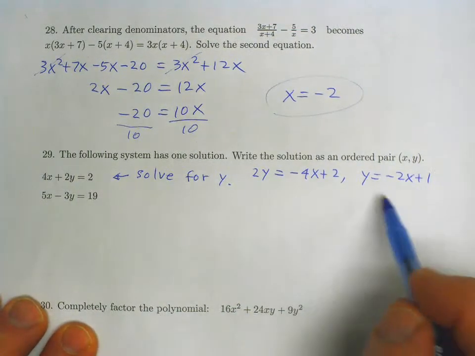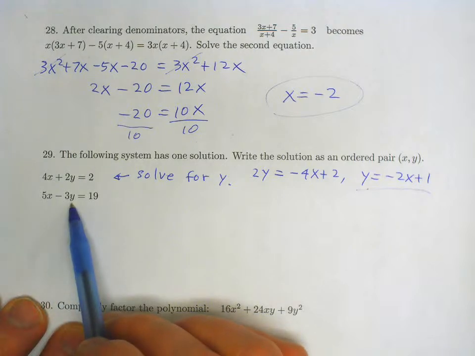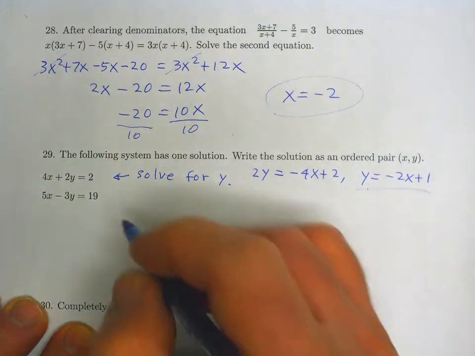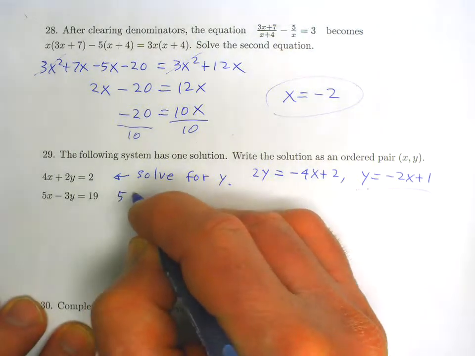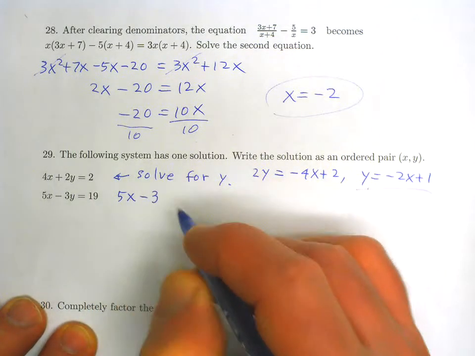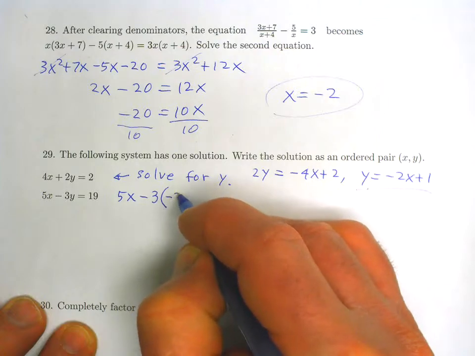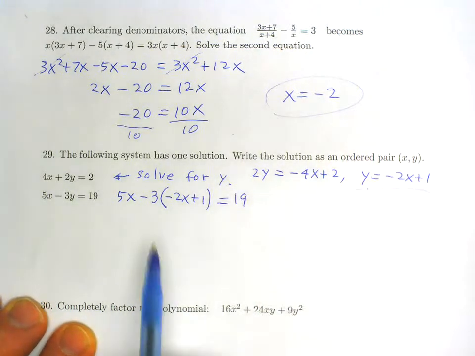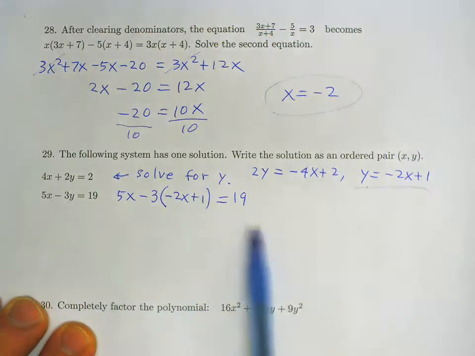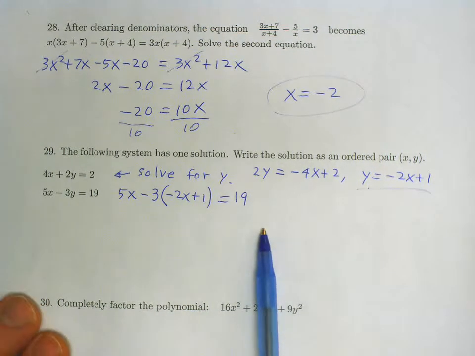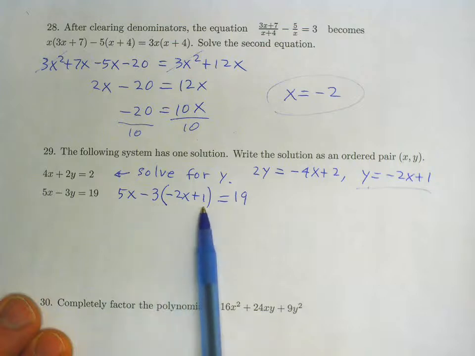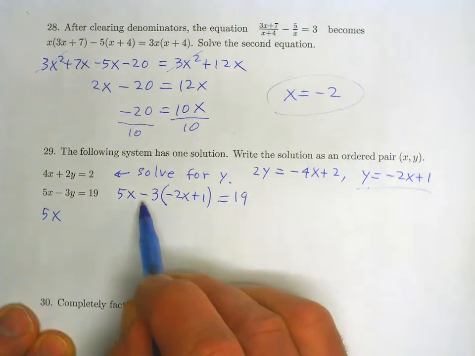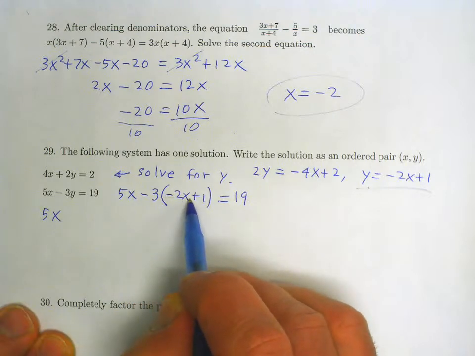And then in the other equation, I'm going to replace y with negative 2x plus 1. That's the substitution step. So I get 5x minus 3 times the quantity negative 2x plus 1 equals 19. And then we solve this equation for x. So we always have to be careful with the arithmetic. So we get 5x minus 3 times negative 2x.